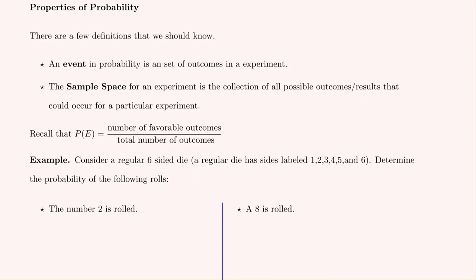Now let's look at some properties of probability. One phrase that we'll want to know is the event. Whenever we're talking about probability, an event is the set of outcomes in an experiment or situation that we're looking for. In our last example, the event was having 2 girls out of 3 children.